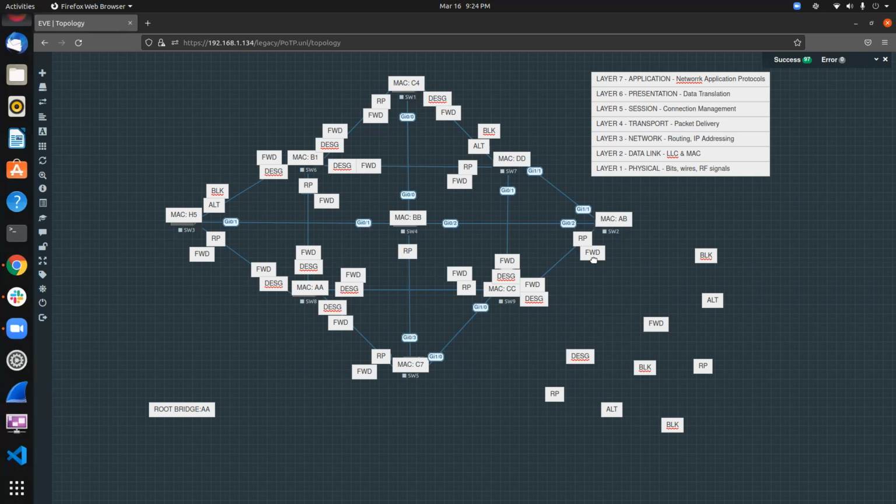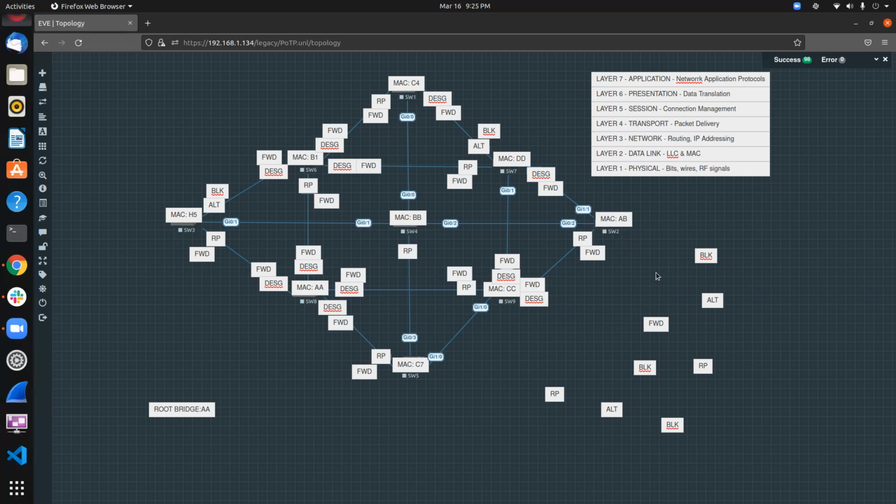I want to make forwarding on the DD to the AB side because of the priority ID of AB and the priority ID of CC. Looking at the two of them, the lowest bridge ID for switch 2 is AB, so because of that I want to take that path. What about the path from switch 7 to switch 9?